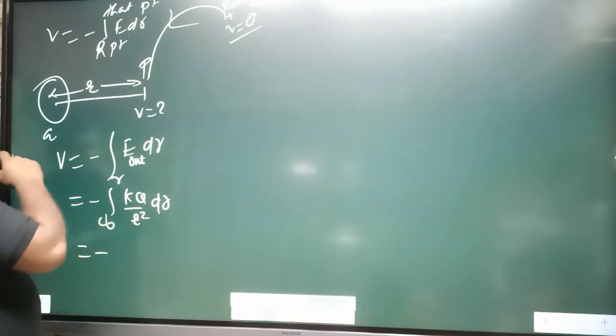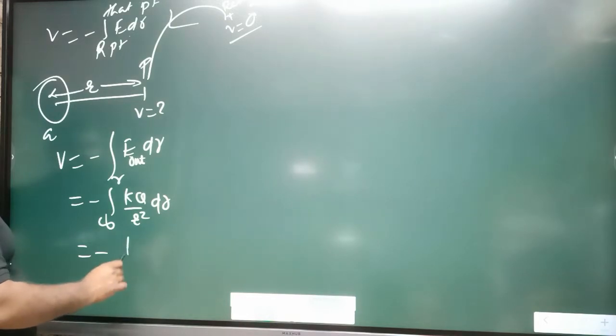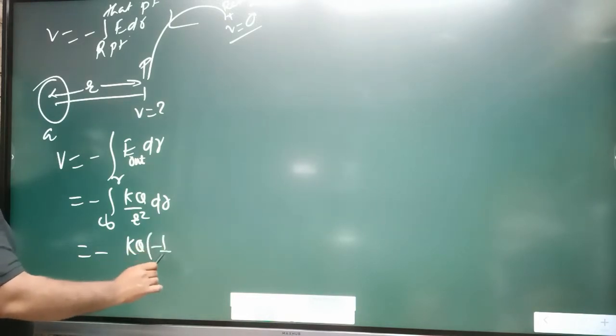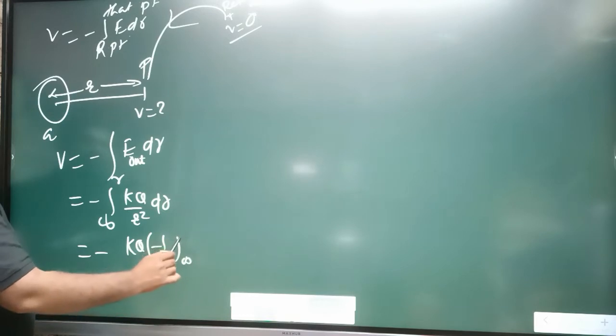Minus KQ integration of 1 upon R square dr gives KQ minus 1 by R, limit infinity to small r.